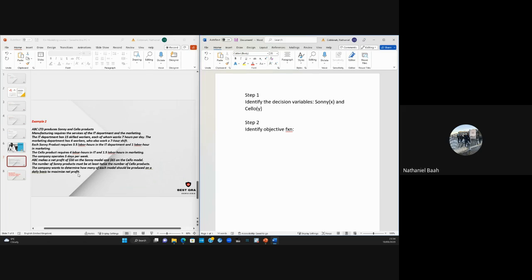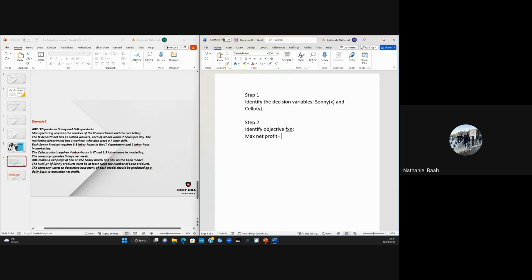So our objective function will be to maximize, max of the net profit, will be equal to... So what do we see here? ABC, for them to be able to maximize, they've given us the net profits here. So we are looking at how to maximize this net profit. That is our objective function.